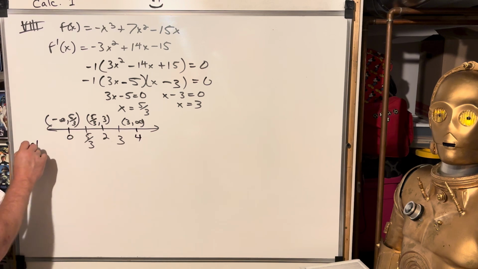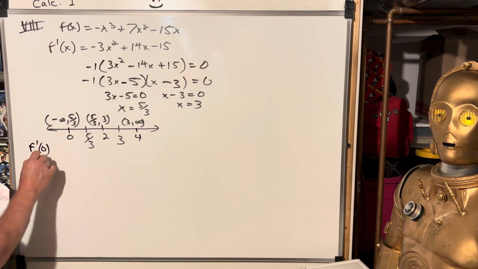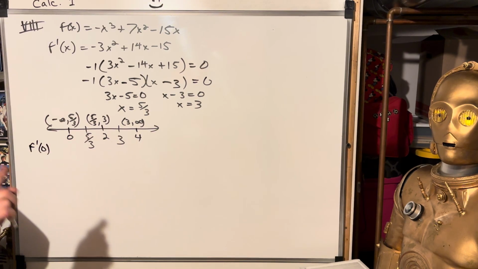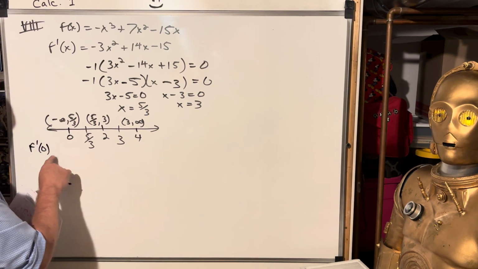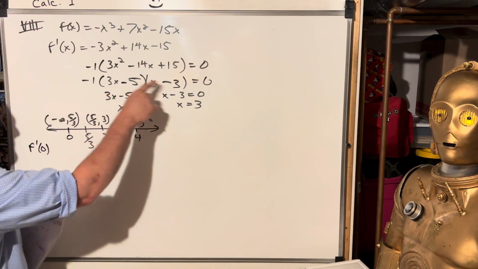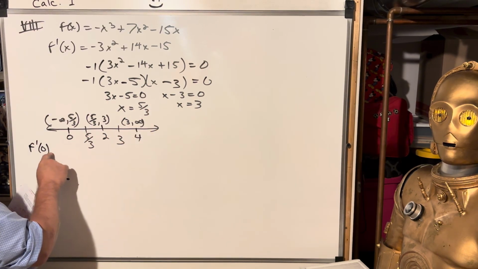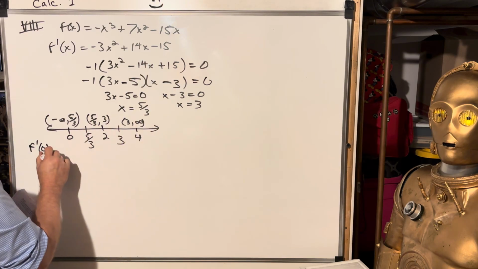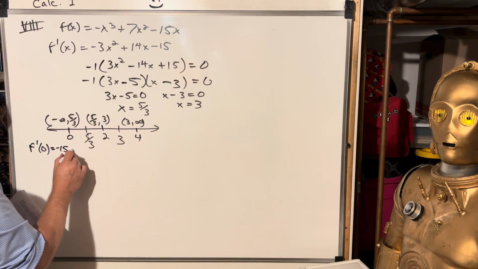So f prime of 0. So I put 0 in. Especially when we're just worried about positives or negatives, 0 is easy because I can just crank it in and get negative 15. And then I know it's less than 0.